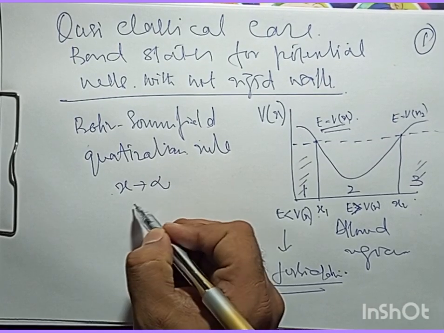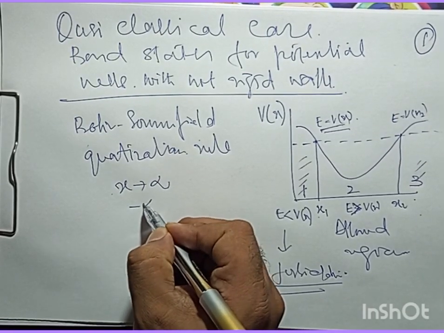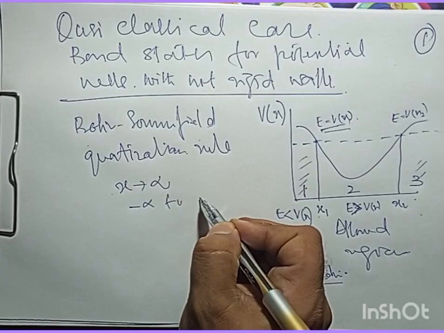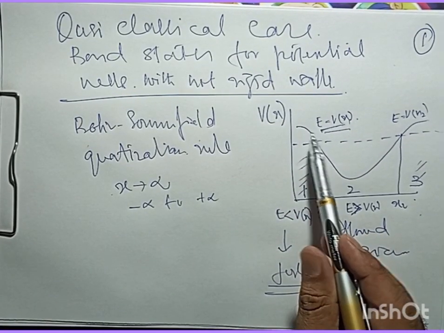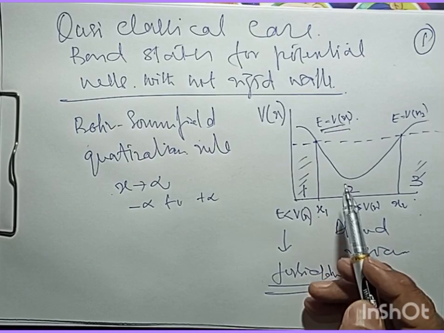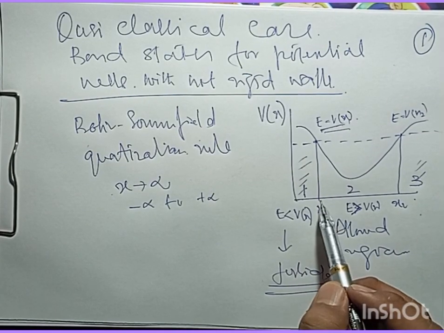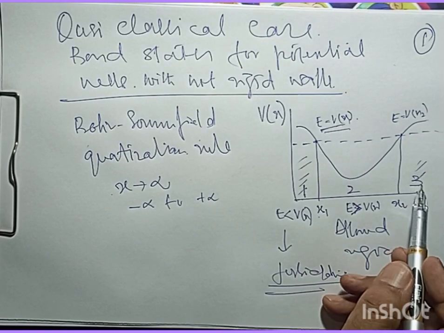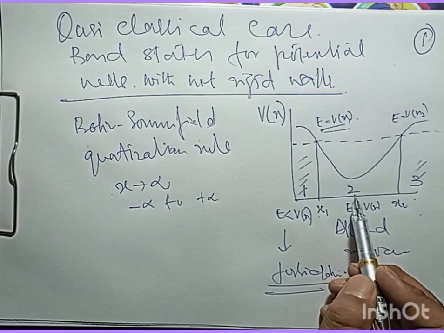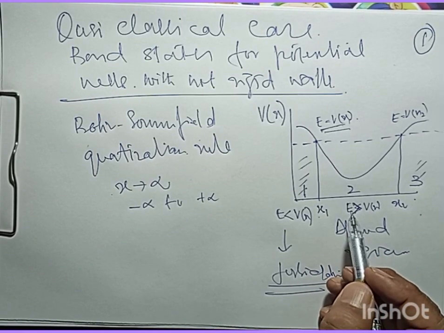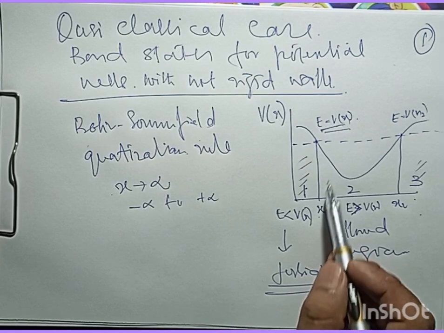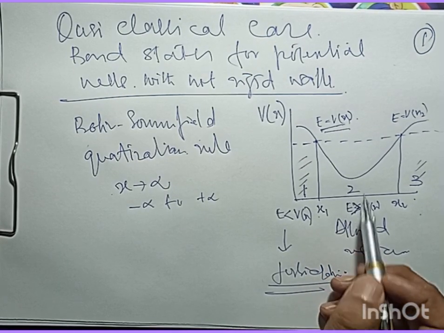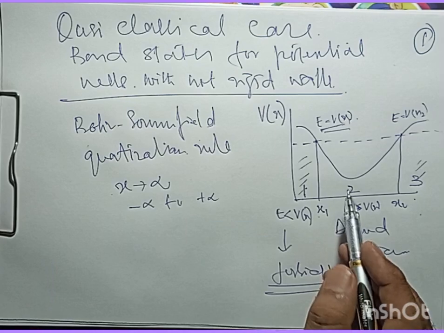I mean, we can have a limit as x goes from minus infinity to plus infinity. So there is exponential decay of the wave function in region 1 and region 3, but region 2 is purely oscillatory in nature. This region is the reflection of the oscillatory motion of the particle.